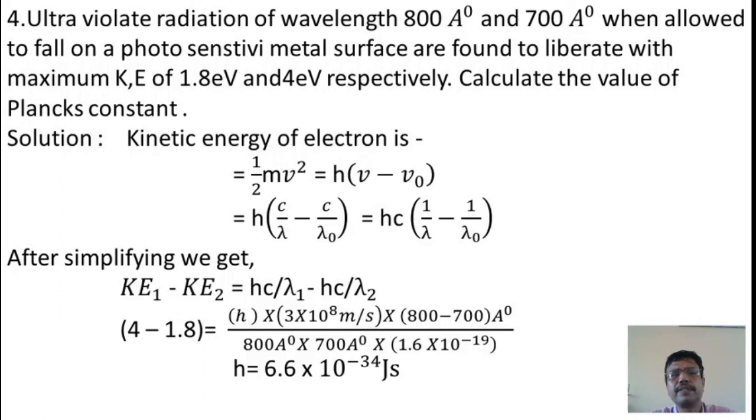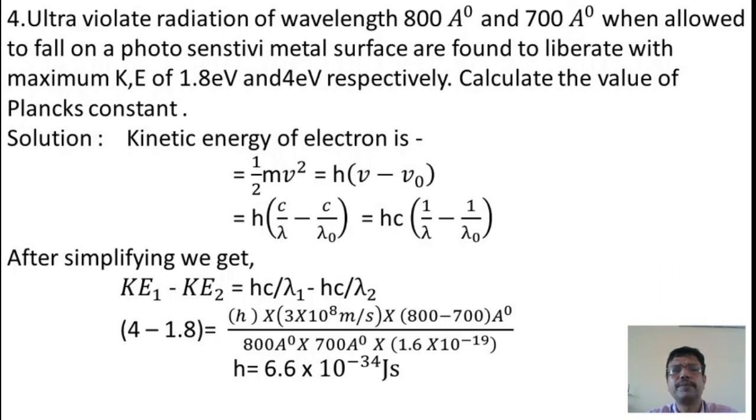Problem number 4. Ultraviolet radiation of wavelength 800 angstrom and 700 angstrom, when allowed to fall on a photosensitive metal surface, are found to liberate electrons with the maximum kinetic energy of 1.8 electron volt and 4 electron volt respectively. Calculate the value of Planck's constant. Okay, what are the data given? Lambda 1, that is the wavelength of the incident radiation, is equal to 800 angstrom.